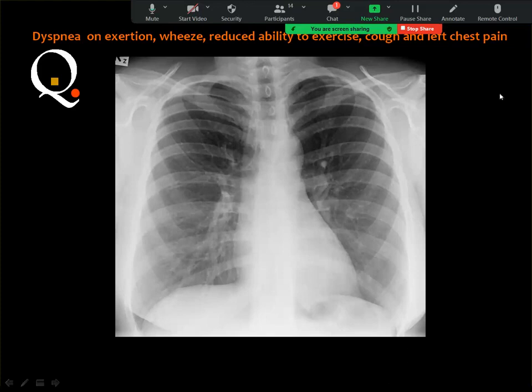This is the second case, and the patient had dyspnea on exertion, wheezes, reduced ability to exercise, cough, and left-sided chest pain.